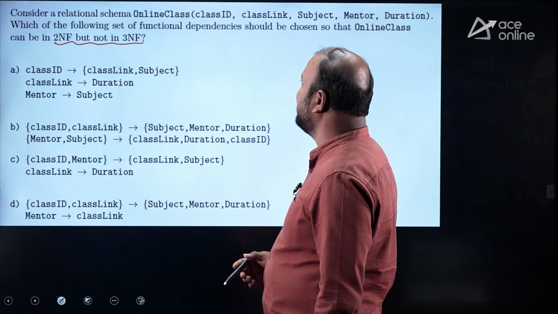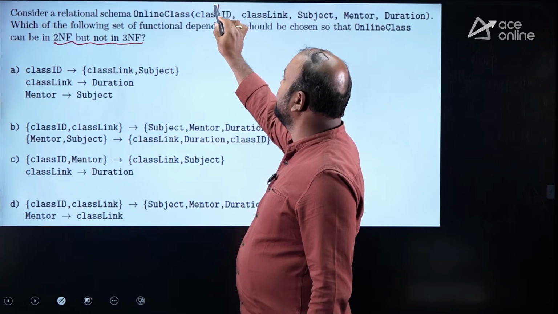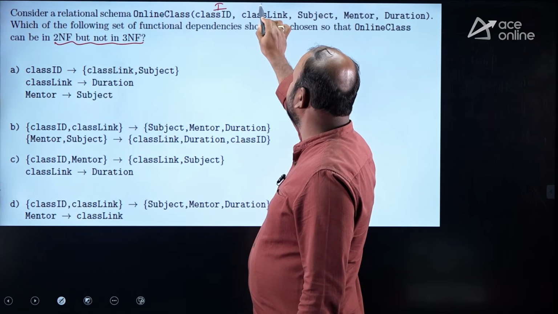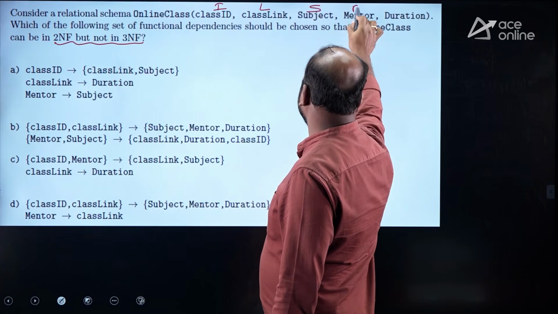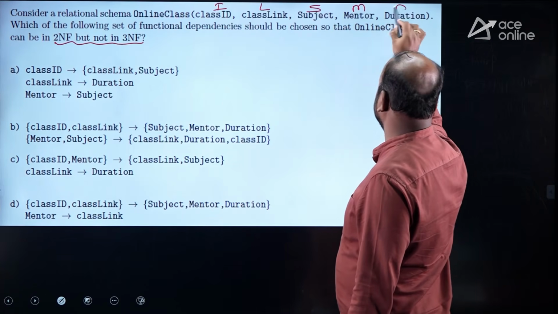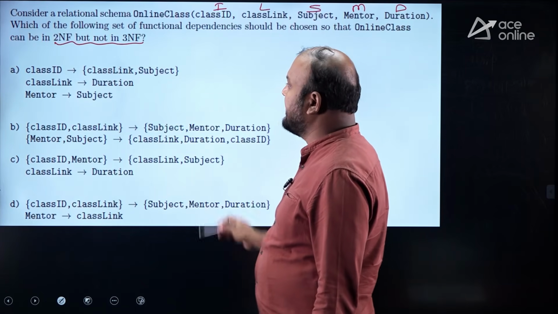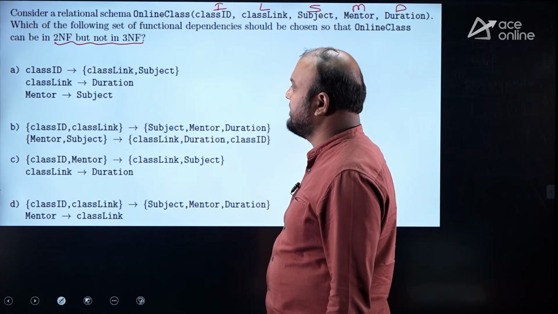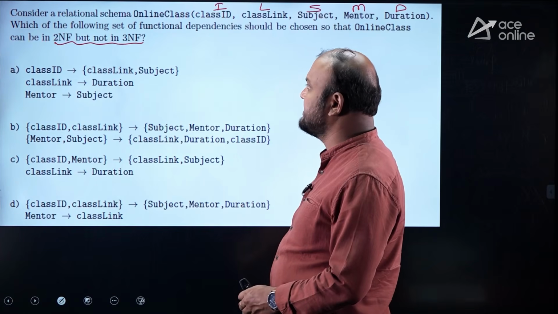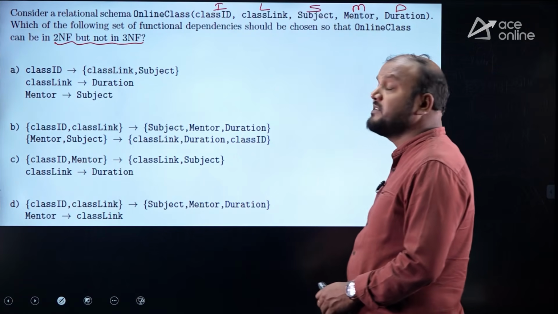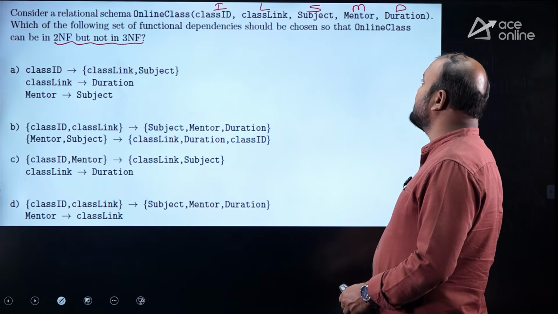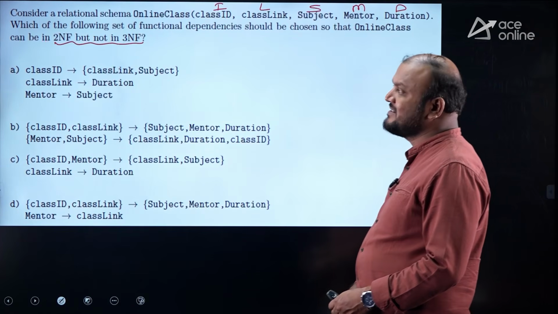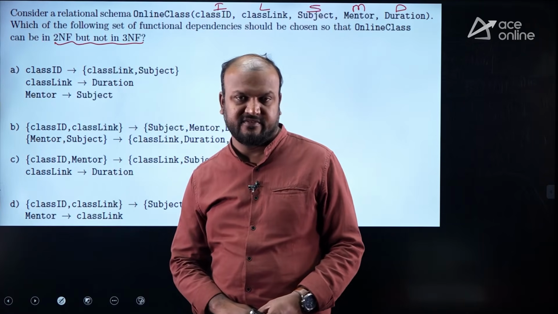Consider relation schema. It is given class ID I, class link L, subject S, mentor M, duration D. And options are given with the dependencies. The question is which of the following set of functional dependencies should be chosen such that online class be in 2NF but not in 3NF.